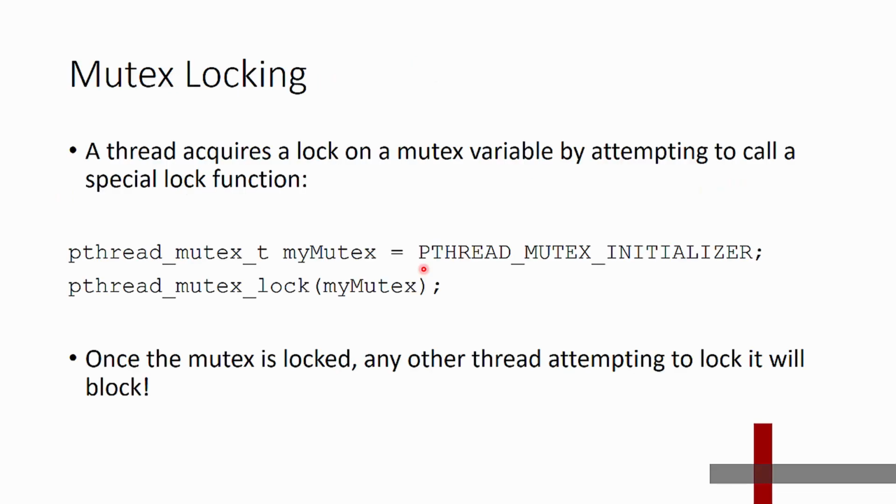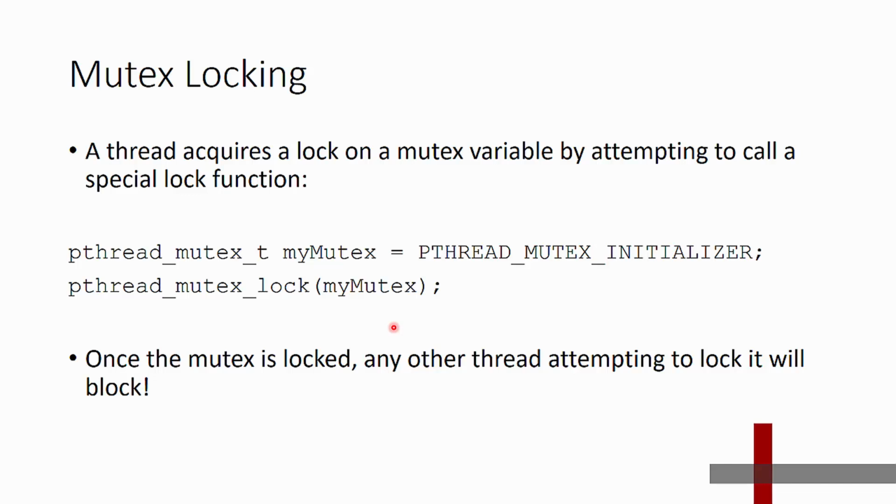To lock these things, a thread is going to acquire that lock on a mutex variable, and it's going to grab that lock by calling the lock function. So here we initialize the mutex to start it running, and then we lock it by saying pthread_mutex_lock, and then you pass in the variable itself. Once that mutex is locked, any other thread, or any other attempt even from the same thread, that attempts to lock that will block.